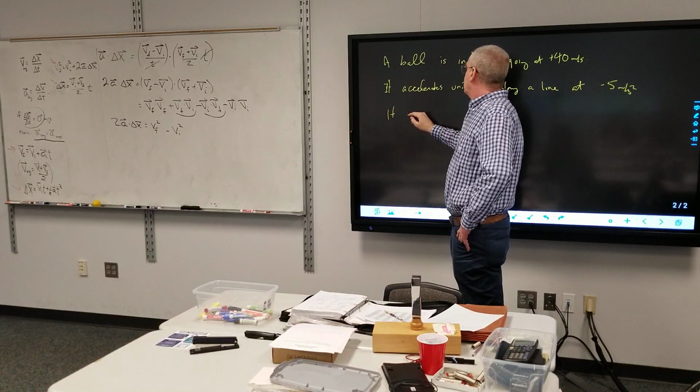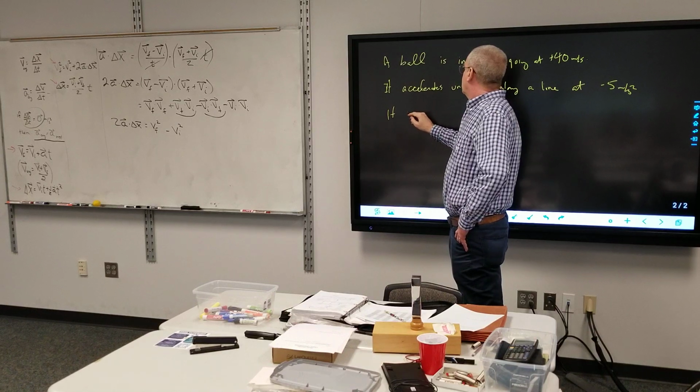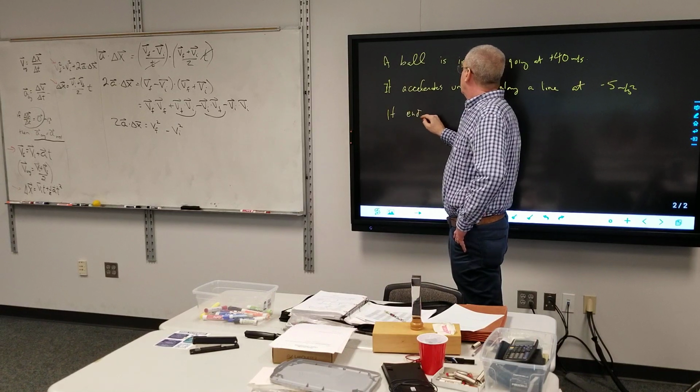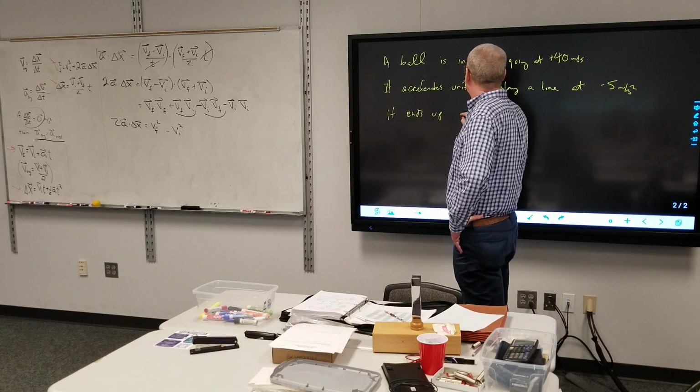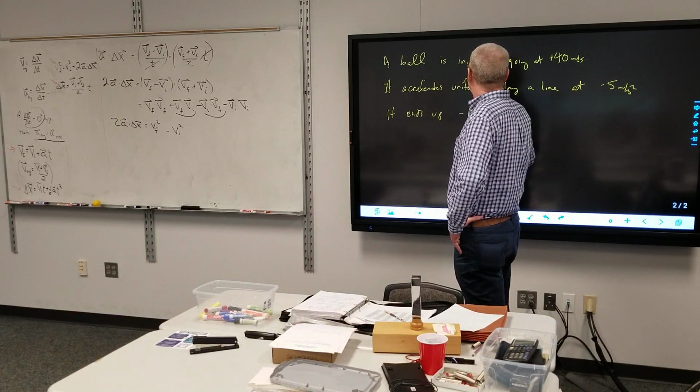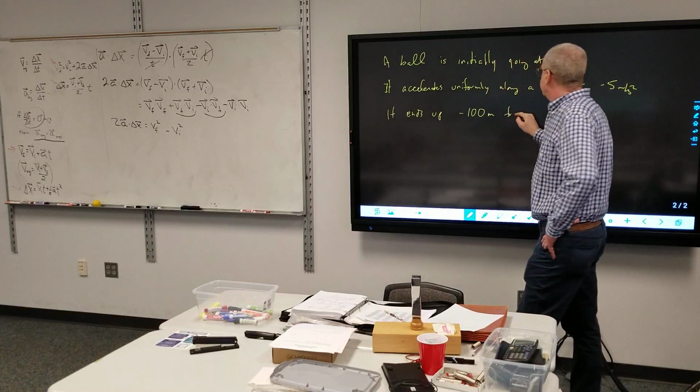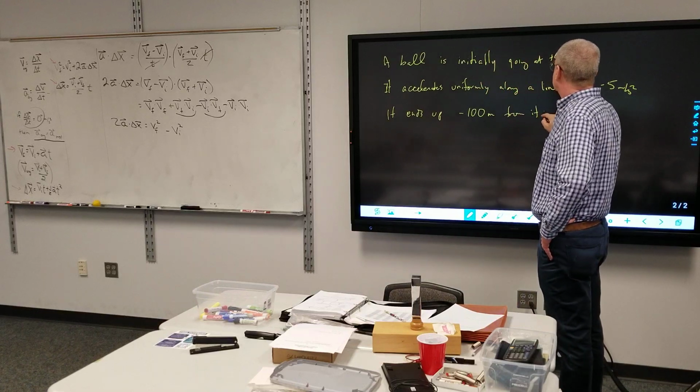It ends up negative 100 meters from its starting point.